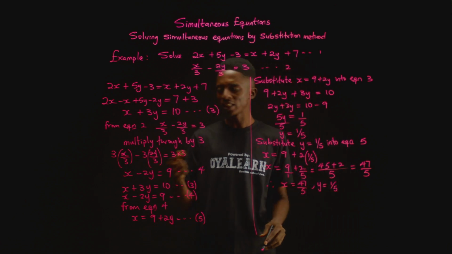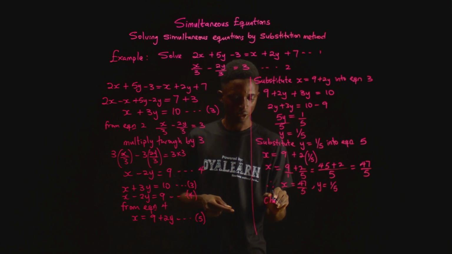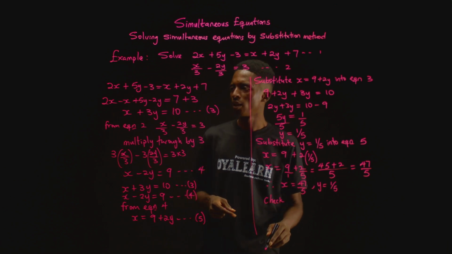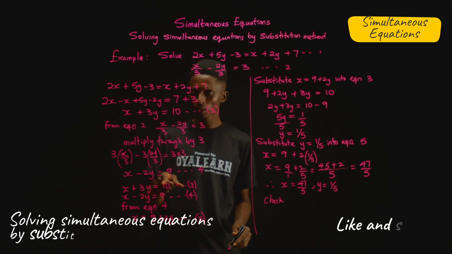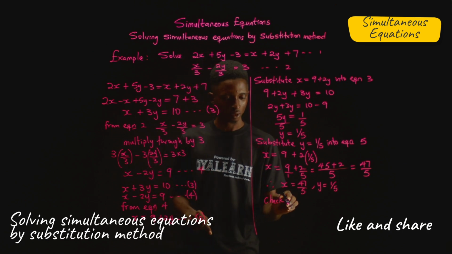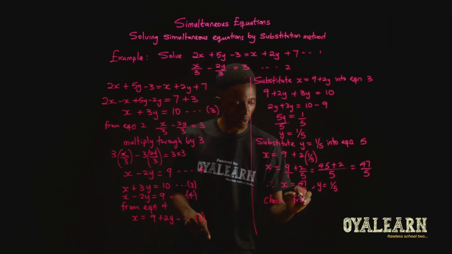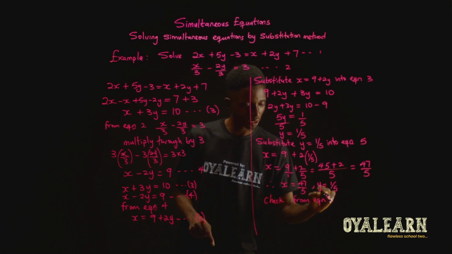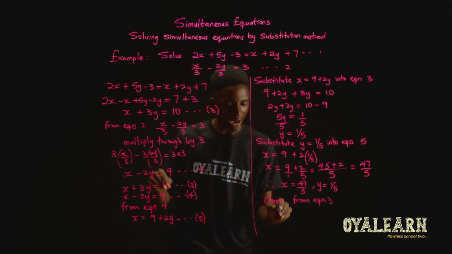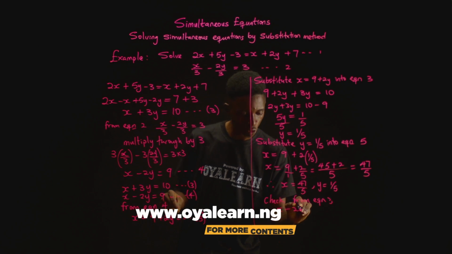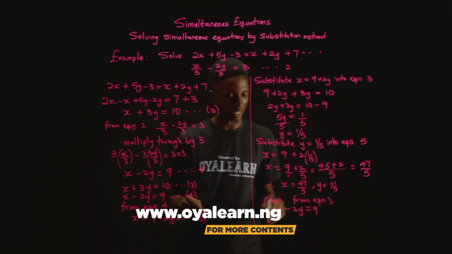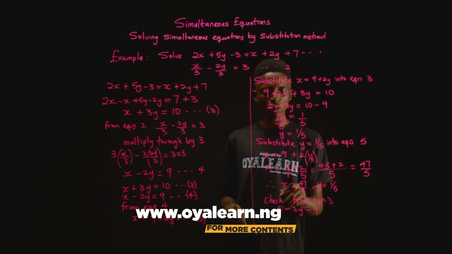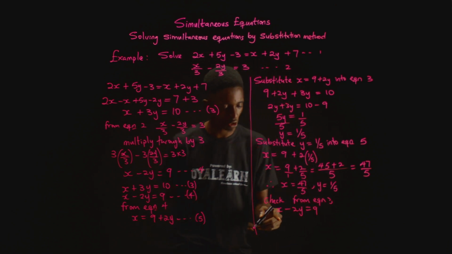You can check it with any of the equations. So let's check using equation 4, where we have x minus 2y equals 9. I will then substitute the value of x and y into this equation.